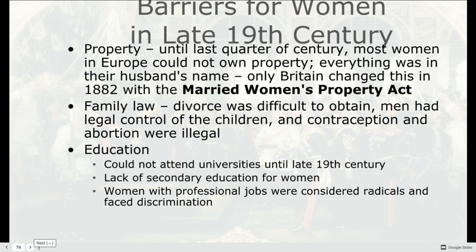So until the latter part of the 19th century, women were not allowed to own property in most of Europe. Britain didn't even change this until 1882. Divorce was difficult to obtain, especially for women.